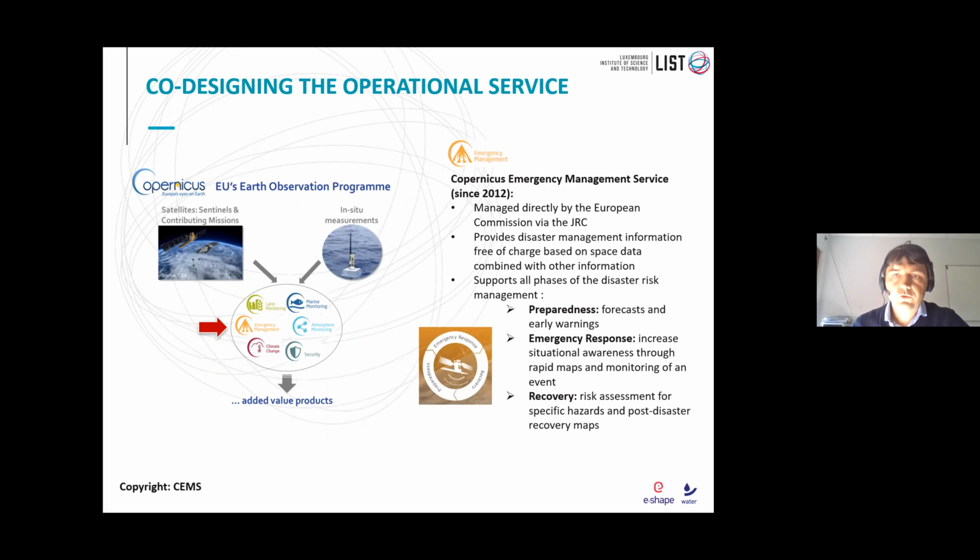And it aims at supporting all phases of disaster risk management, so the preparedness phase, the emergency response, and the recovery. So they were the, let's say, the ideal user for us to see how a systematic automated flood monitoring service based on Sentinel-1 imagery could complement this system that they currently have.